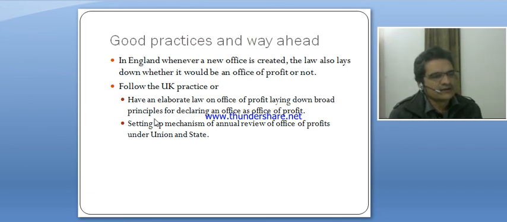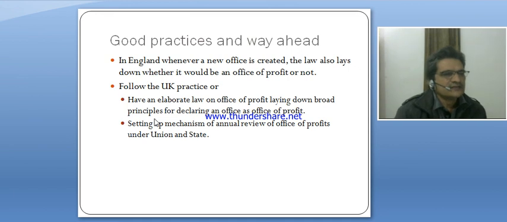We can have an elaborate law laying down the guidelines and parameters, and we can have various mechanisms of annual review. We should have such sturdy and formidable mechanisms which leave no room for any doubt or any controversy that there has been any unfair finding of any body or authority in declaring a particular office as an office of profit.